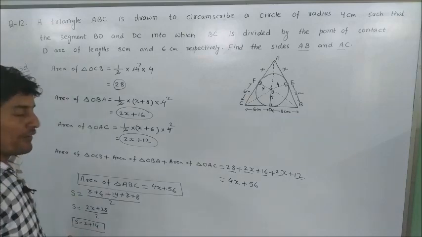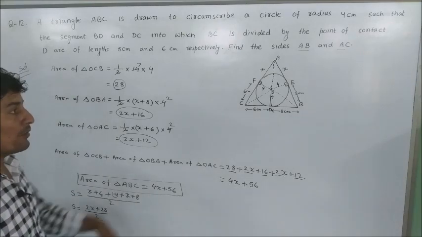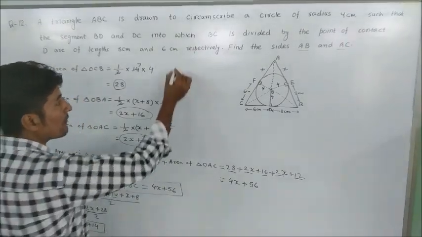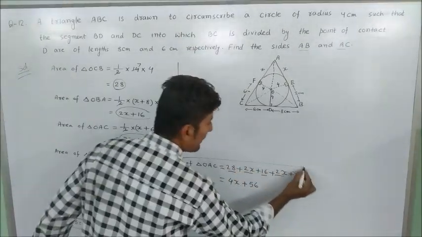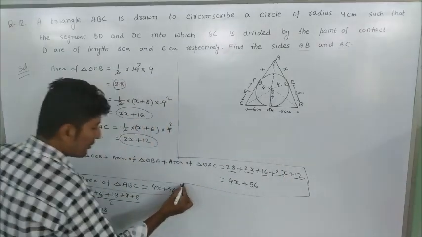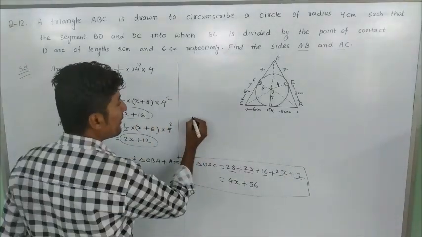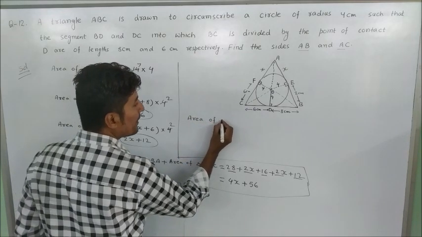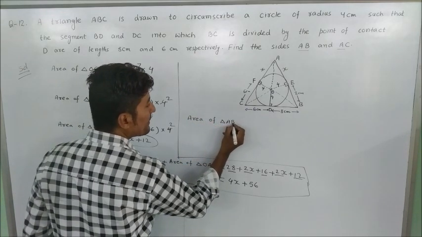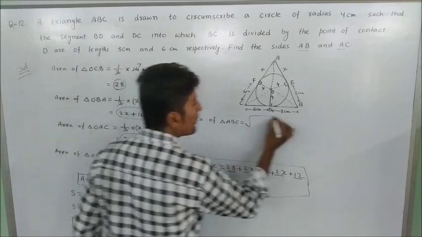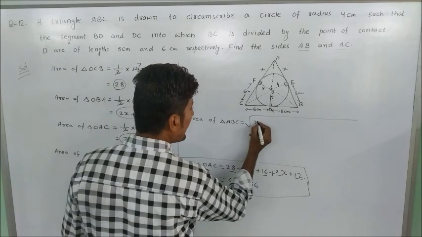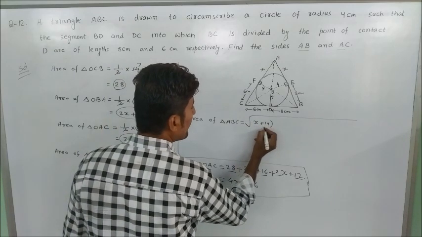After getting the value of S, now we can calculate the area of triangle ABC by using Heron's formula. So let us see how to apply Heron's formula to this triangle. Area of triangle ABC will be equal to under root S. The value of S we have is x plus 14.